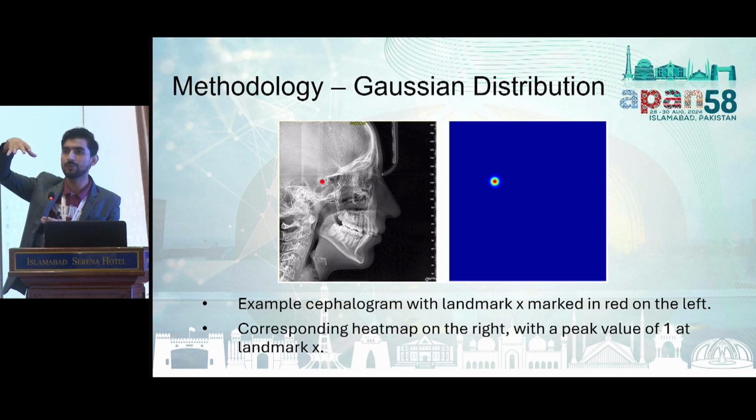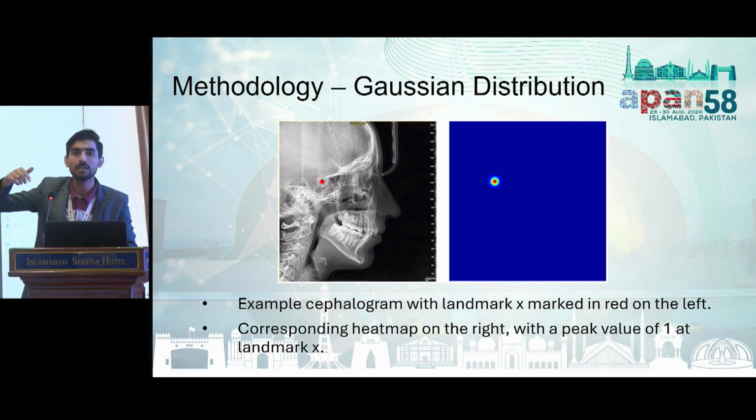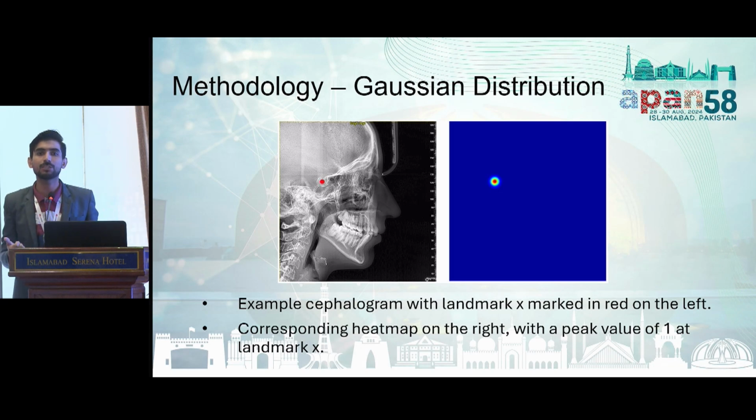You can view it in 3D like a Gaussian distribution, having a peak at the exact location where the orthodontist marked that landmark, and the standard deviation of that distribution is kept at 10 pixels because the clinically accepted range is 20 pixels. So we just kept it at 10 pixels and made Gaussian distributions.